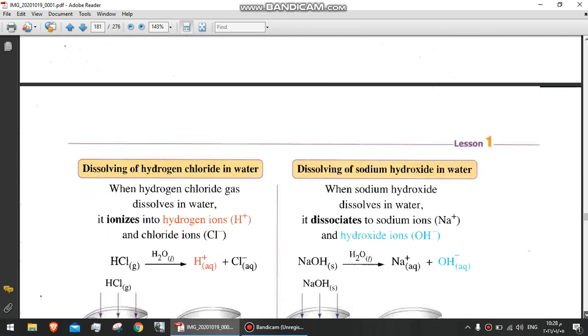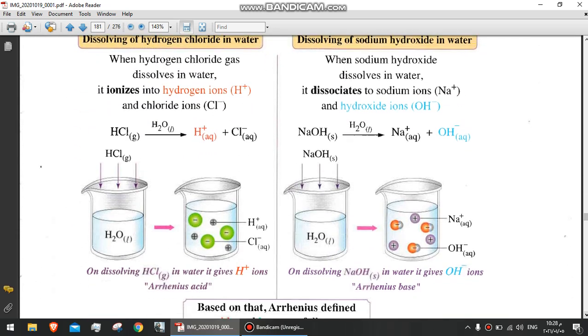As we see, HCl, hydrochloric acid, when it dissolves in water, ionizes into positive hydrogen and negative chloride, while sodium hydroxide, when dissolved in water, produces positive sodium ion and negative hydroxide ion. The positive hydrogen ion is responsible for changing litmus paper into red, while the negative hydroxide ion changes litmus paper into blue.